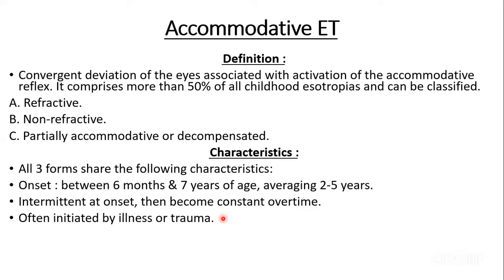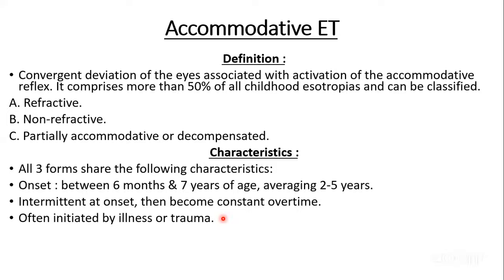What usually happens is that in the normal status, the patient can fuse with both eyes and can control the esotropia. But once the patient becomes ill, he will lose that control and the esotropia will be more prominent.